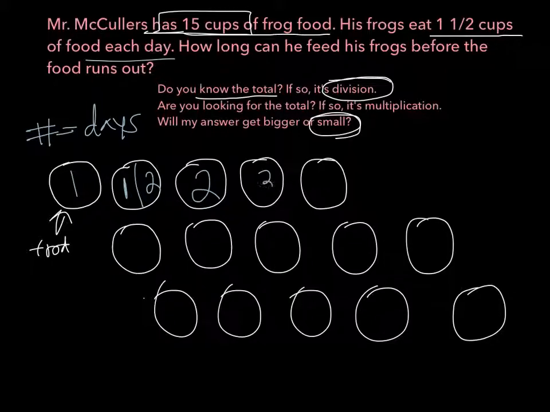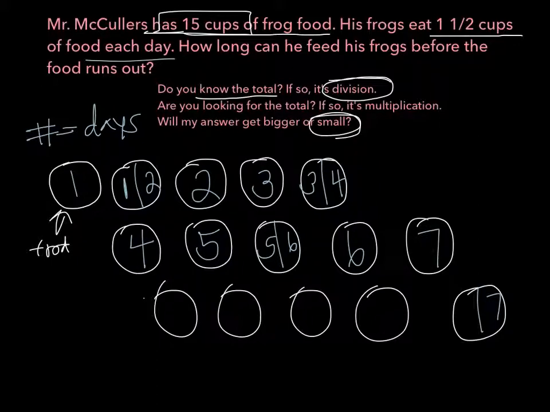Day 3 is going to get a whole and a half. Day 4 is going to get a half and a whole. 5, a whole and a half a cup. 6, a half cup and a whole cup. 7 is going to get a whole and a half of a cup. And 8, 9 gets a whole and a half.